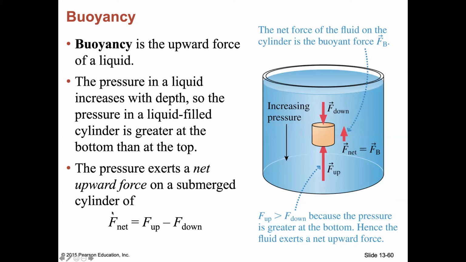And the net force could be calculated using this equation in the corner. The net force equals the force up subtracted by the force down. And this net force is the net upward force, or we can call it the buoyancy force in liquid or gas.